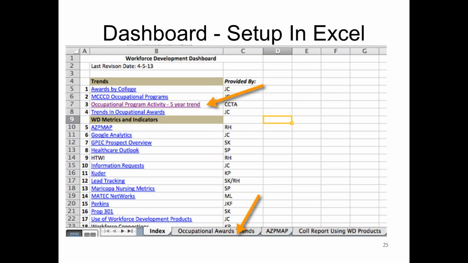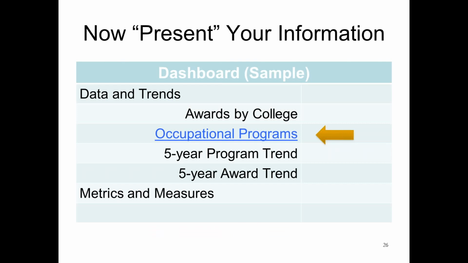But look at the dashboard trends on the right. There's trends, data elements, right? Number 3, occupational programs, years and award, and I've got it linked to a sheet at the bottom of the page. All of us are pretty familiar with these worksheets in Excel. I don't want to go through this in detail as if I'm giving you a tutorial in Excel, but there will be a little bit of detail here.